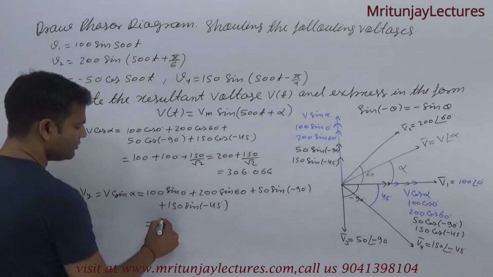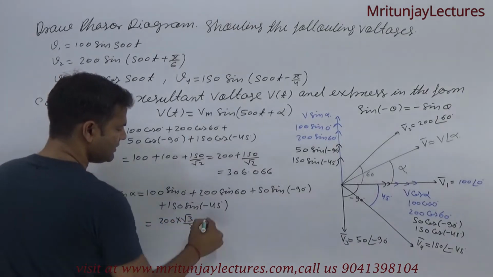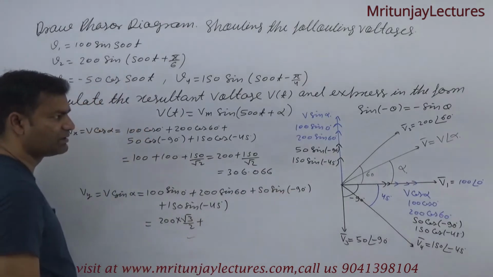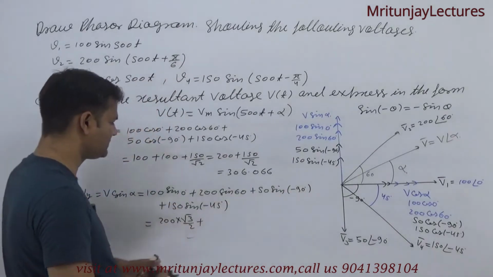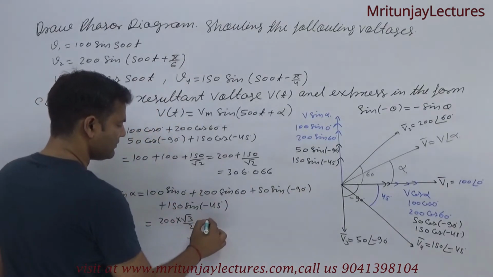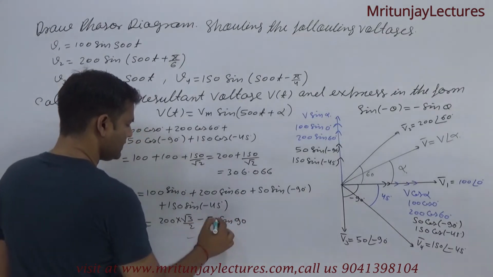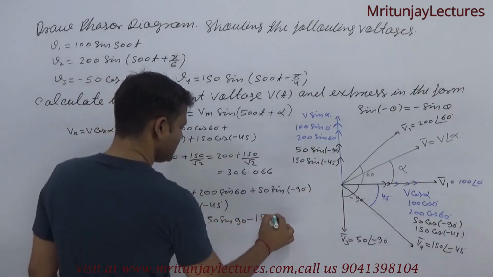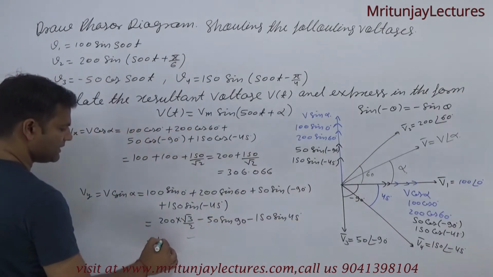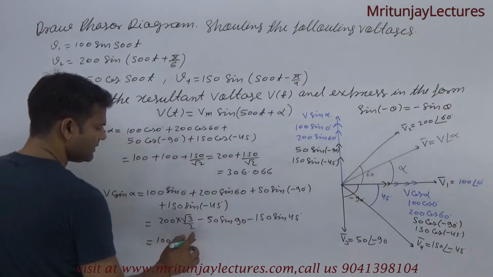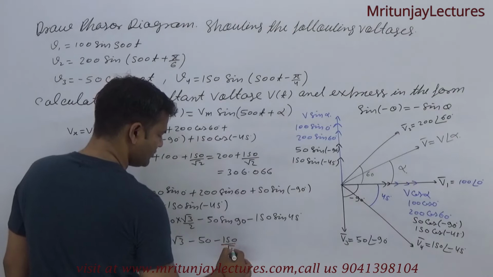200 into root 3 by 2, plus sin minus theta, this is equal to minus sin theta. So minus of 50 sin 90, and minus 150 sin 45. So that is 100 root 3 minus 50 minus 150 by root 2.